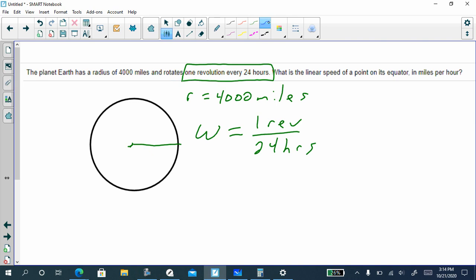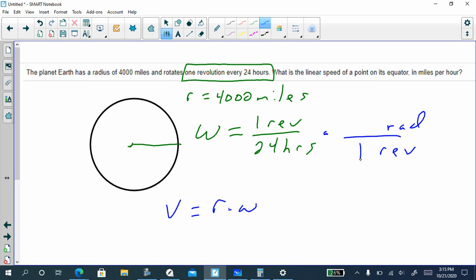But remember that omega, to use our formula, V equals R omega, omega has to be in radians. You have to have radians on top. So we have to convert revolutions to radians. Well, how do we do that? A revolution is all the way around. So in 1 revolution, how many radians are there?